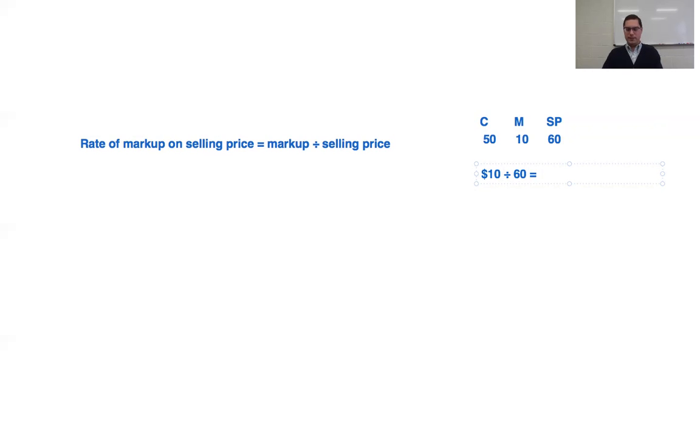That's not going to be a dollar amount, it's going to be a decimal, which will convert to a percent. So I've got my calculator here, I'm going to go 10 divided by 60, and here we go.